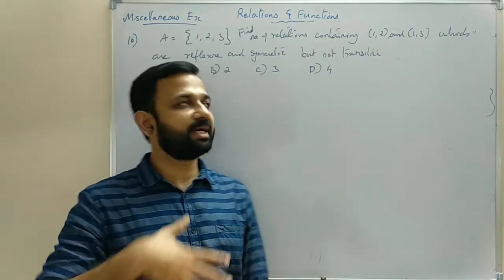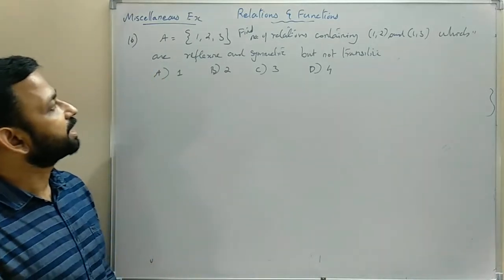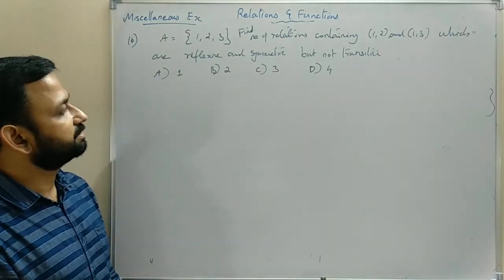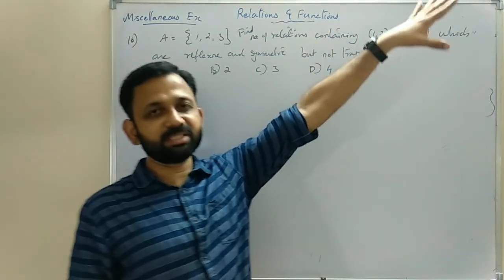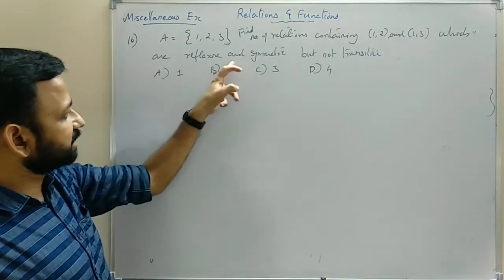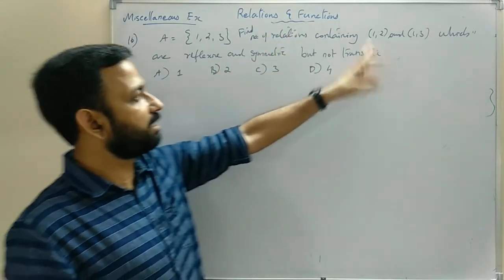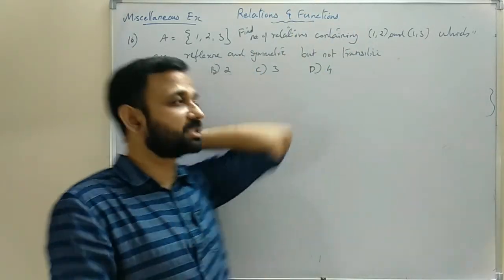So we need to find the number of relations defined on set A, in which (1, 2) and (1, 3) are the elements, and that relation is reflexive and symmetric but not transitive. So how many relations are there?